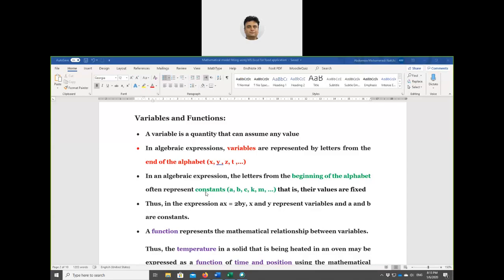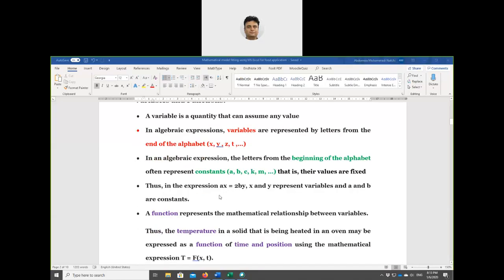So in functions, we have variables and constants. Thus, in the expression ax equal to 2by, x and y represent variables and a and b are constants.